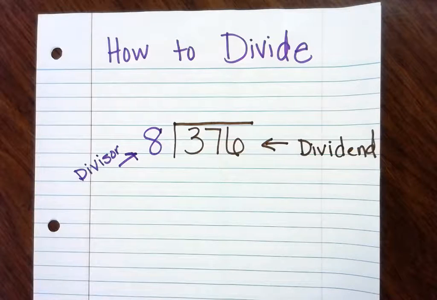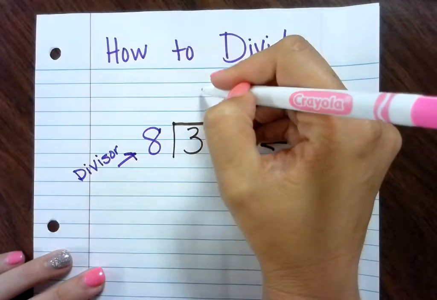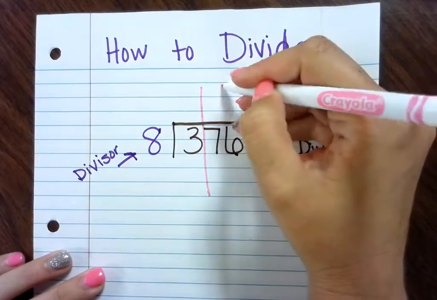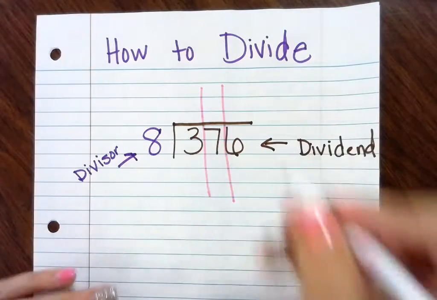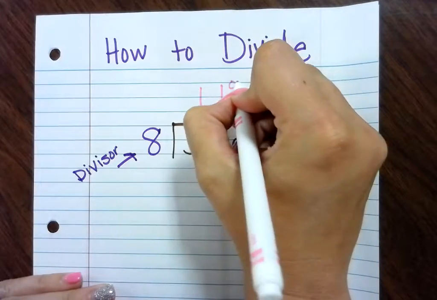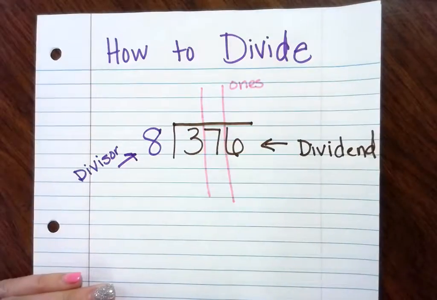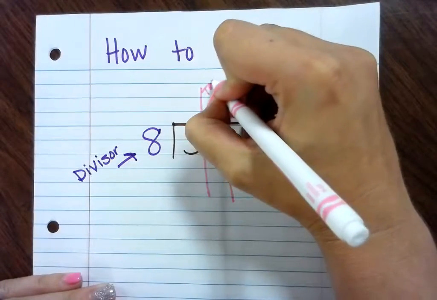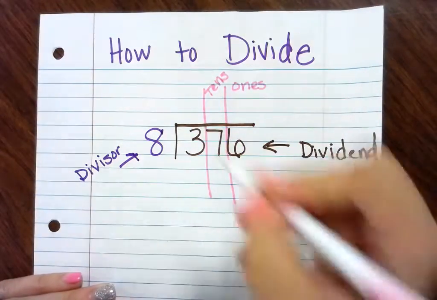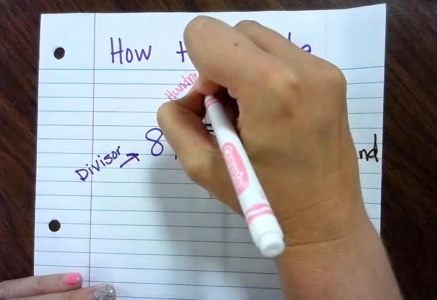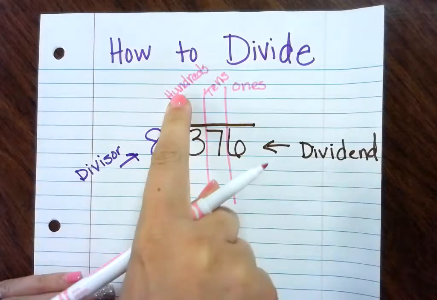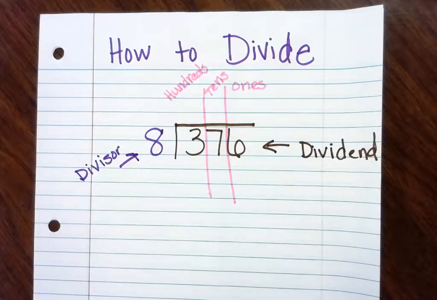Let's also take a step and put some place value into this. So this would be my ones place. This is my tens place. This is my hundreds place, right? 376.